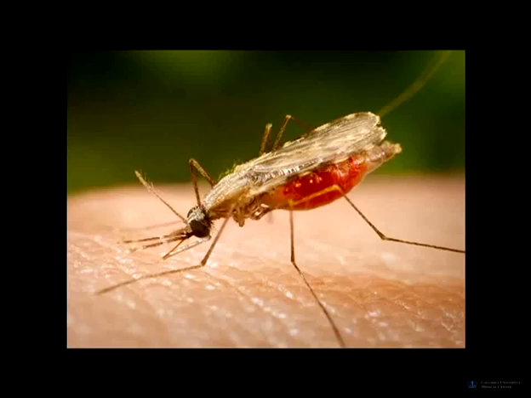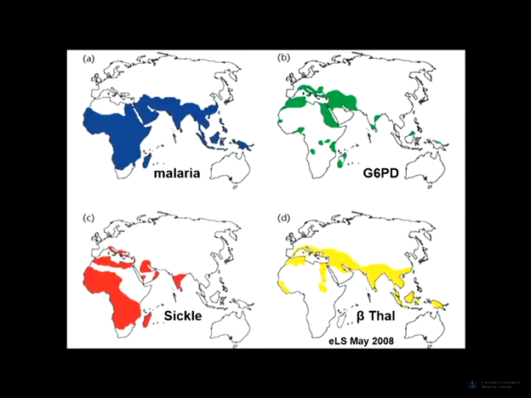Okay. So most of the woes that we have with hemoglobin and hemoglobin synthesis hearken to our long-term evolutionary connection with this Anopheles mosquito. So if you look at the map of the world, in the ancient world, the areas that were endemic for malaria, you'll see that a number of different mutations have occurred, which are probably protective against malaria.